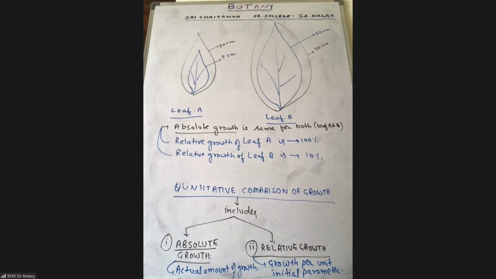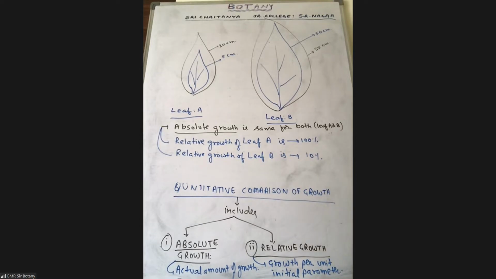Numerical possibility on this concept for this weekend itself. Got the idea now? Growth wise, it is the same, but as far as relative is concerned, here you found an increase by 100 percent, there it is only 10%. Because for 50 centimeters, growth is 5; if it is 100 centimeters, 10.